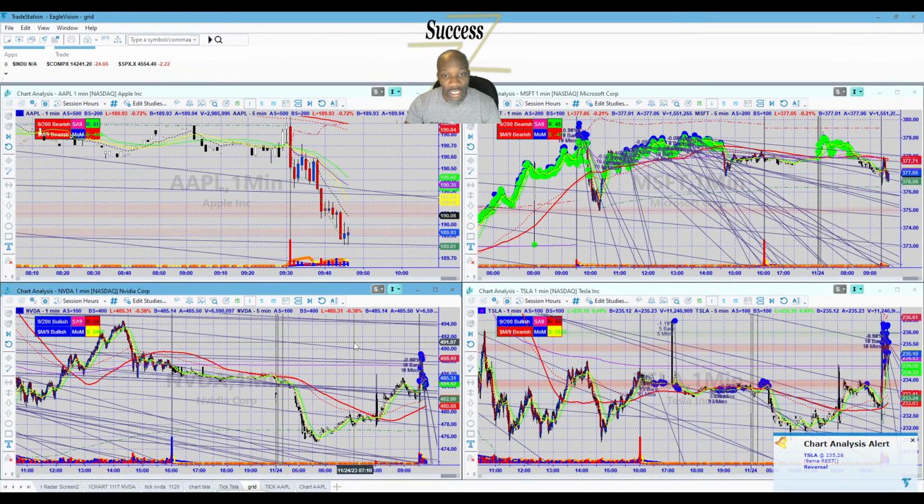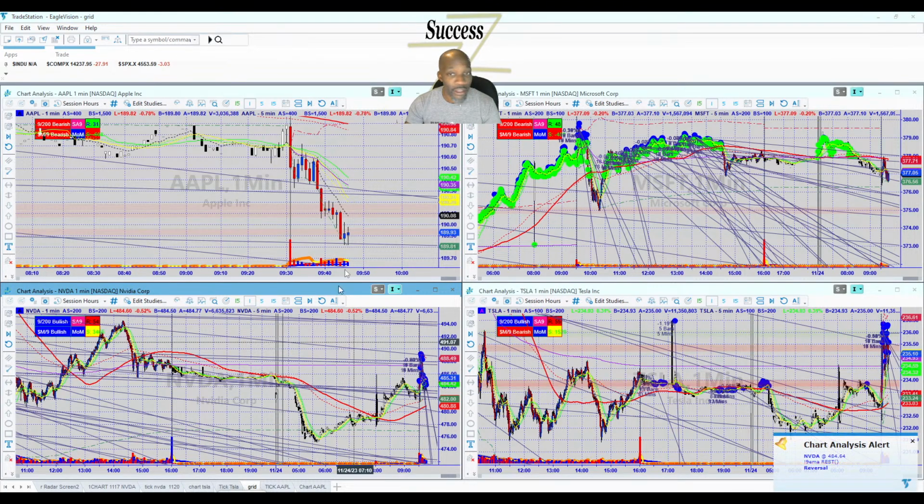Nvidia, like I said, trending down, but might be in a pullback because we got the blue there. And same thing with Tesla, maybe trending down, but we got the blue indicating somewhat of a pullback. So today my top 2 might be Tesla and Nvidia that I'll look at. I probably won't even look at these 2 unless they come out of it.